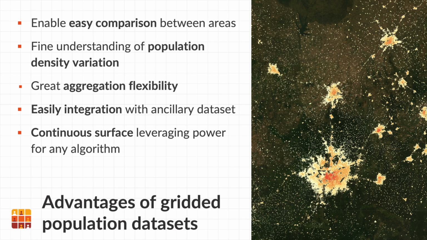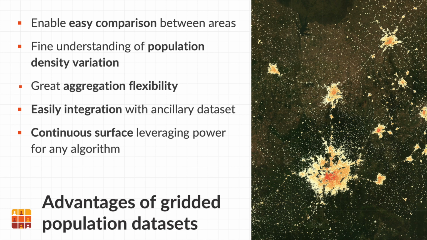The last two points are that this kind of dataset can be easily integrated with ancillary datasets, like the road network, or the location of health facilities, or the location of shops, and so on. And with this smooth surface, you basically have a surface of population across the whole country, not only discrete table data with population for every province.